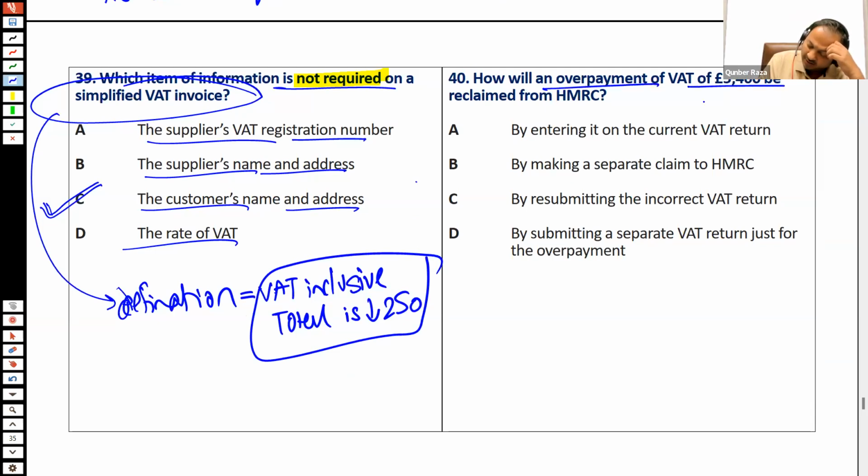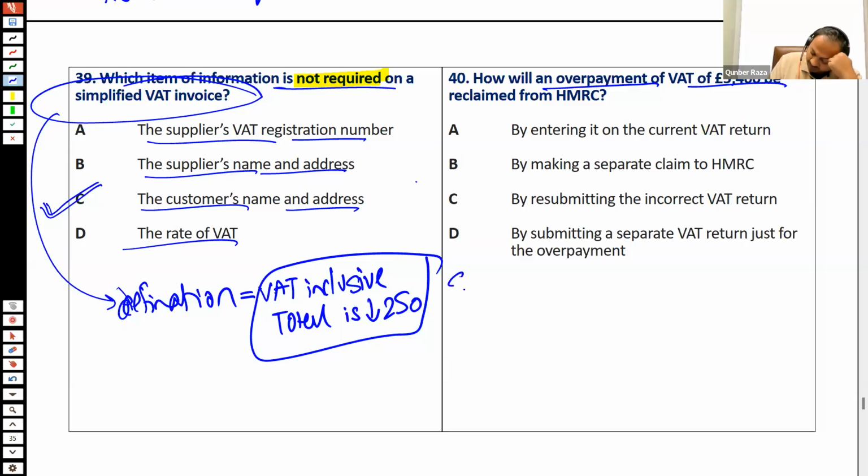How will an overpayment of VAT of 5400 be reclaimed from HMRC? So you have made an overpayment and you want to claim it from HMRC.